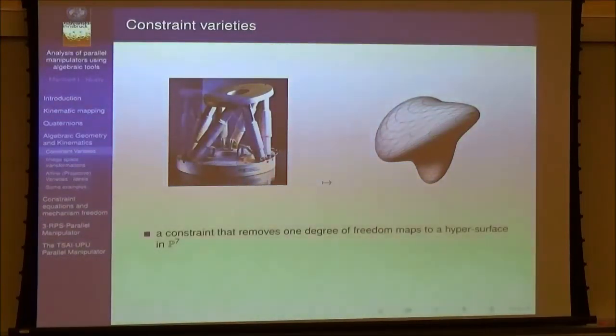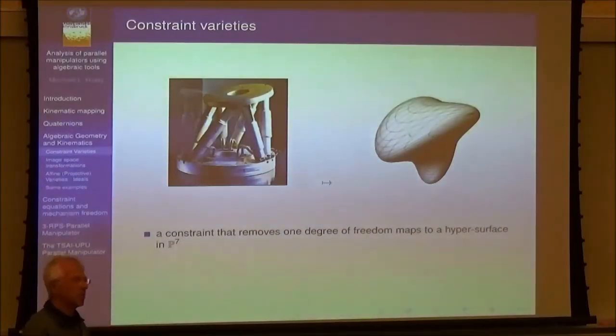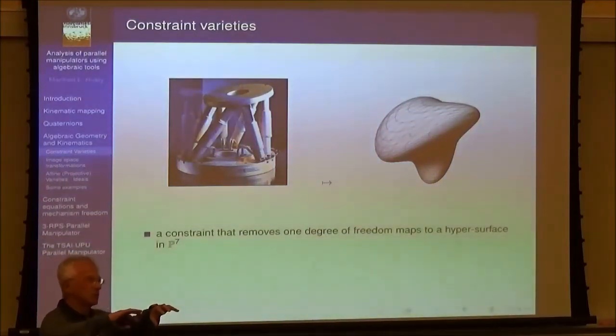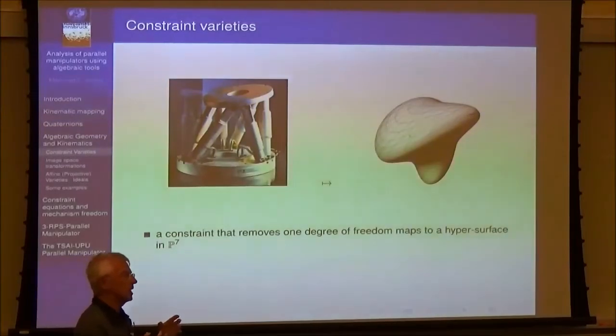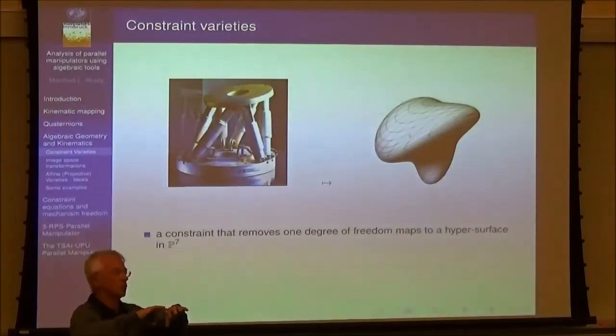If we have one constraint that removes 1 degree of freedom, then this will map to something I will call a hypersurface in this 7-dimensional space. If you have 2 constraints of this type, then you will have 2 such hypersurfaces, and the motion which is possible is the intersection of those 2 things.